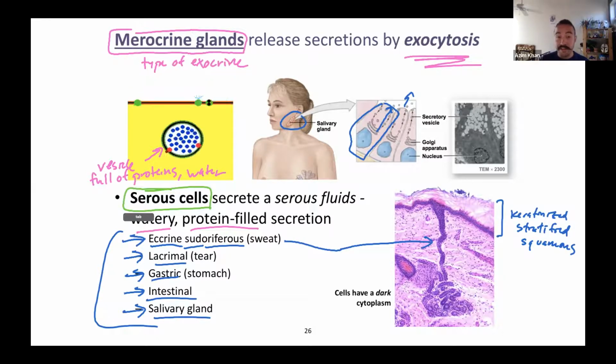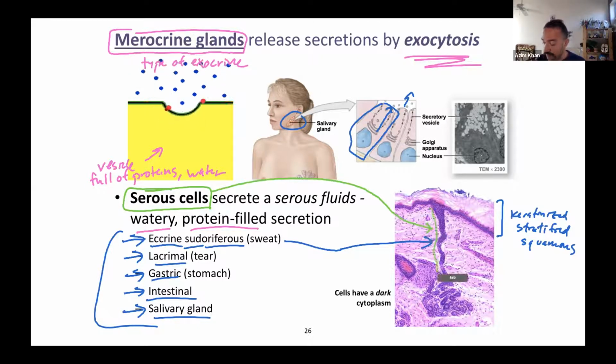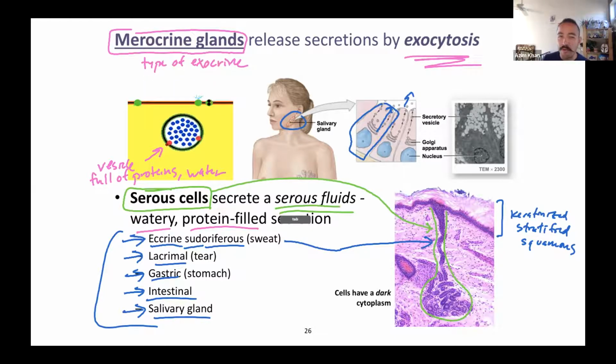So these are cuboidal cells. They're called serous cells. They release by a merocrine type of secretion. They're released by exocytosis. Serous cells appear darker. They stain darker. They release a serous fluid. You've seen that word before. Serous means watery, slippery. Serous cells release a serous fluid.